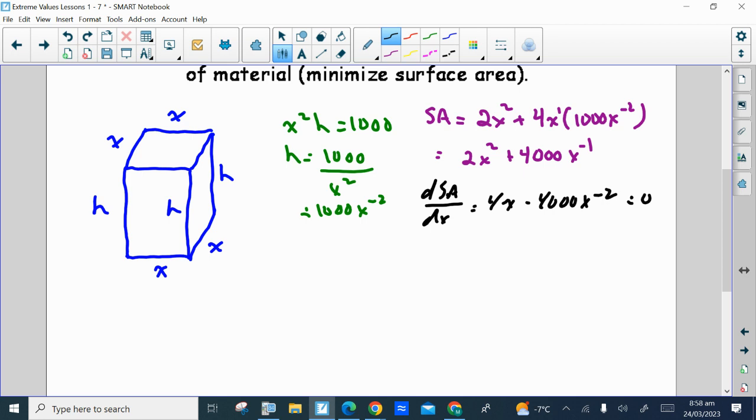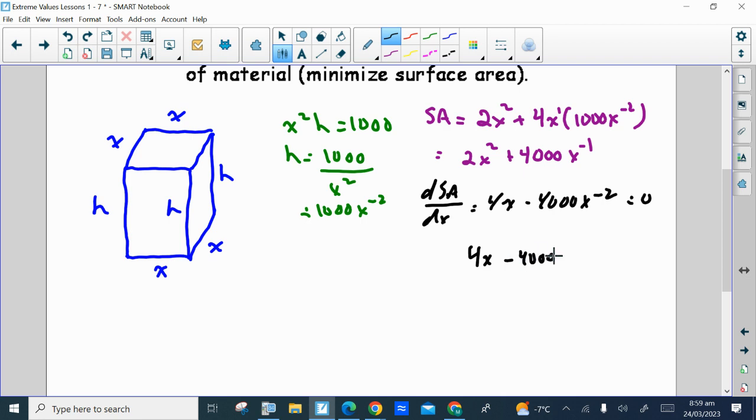Now we had one similar to this before where we were able just to solve for x, and I think we can do the same thing here. We have another option though. We could write this as a rational expression, move the x to the negative 2 down to the bottom, get a common denominator, and then solve it that way. So let's do it that way first.